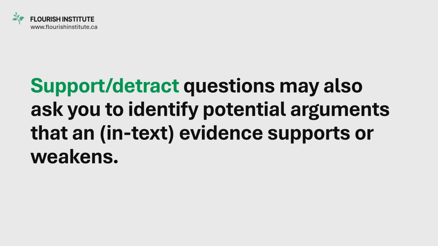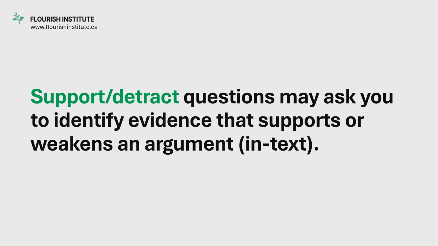They'll ask you about argument 1 or argument 2 presented in paragraphs 1 and 2 of a certain passage, and then ask you to identify certain pieces of evidence also in the passage elsewhere that support these arguments, right? Another type of support detract question may ask you to identify evidence that supports or weakens an argument, right?